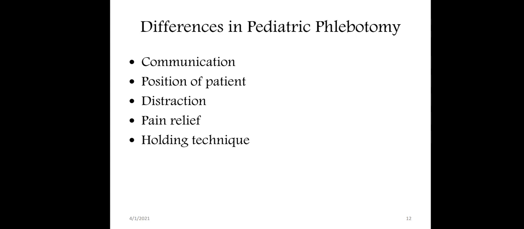The blood collection from infants and young children is complicated by the patient's size and frequently by the ability of the patient to communicate with the phlebotomist. Also the volume of blood which can be collected is limited, because small infants have small veins, so it is a very complicated procedure.